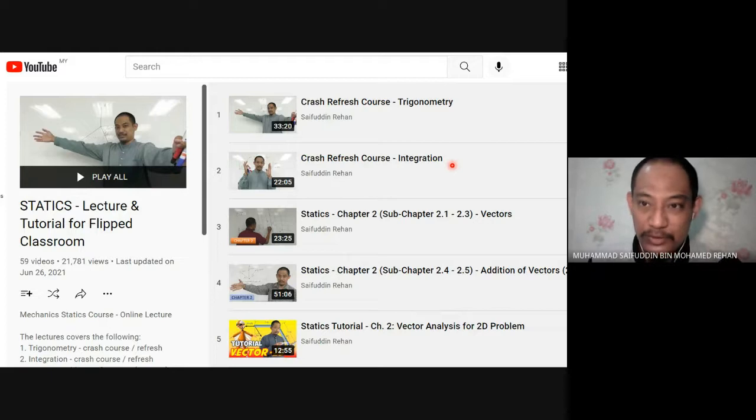So that's why I think this week, before next week, make sure you refresh really on trigonometry. Integration, you still have time because the chapter that involves integration is after the midterm.